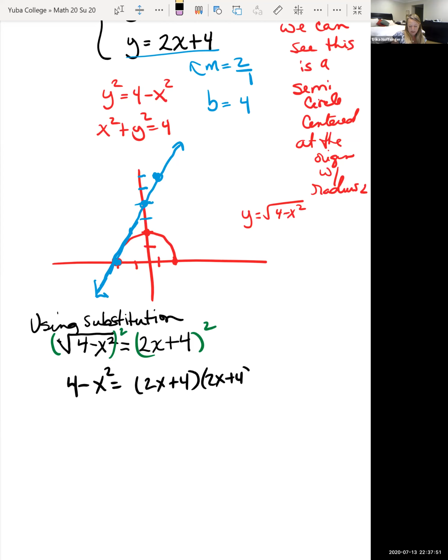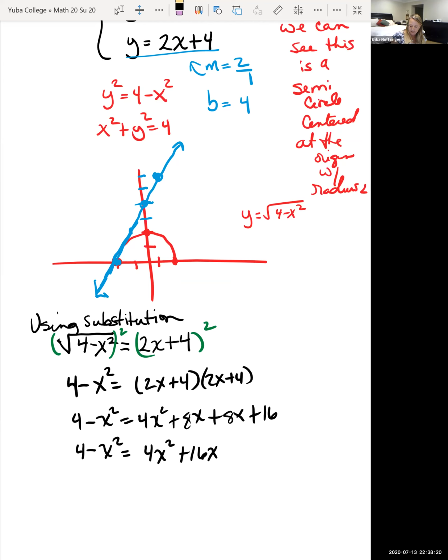So we get 4 minus x squared equals 4x squared, then 2x times 4, that's a plus 8x. 4 times 2x, that's a plus 8x. And 4 times 4, that's a plus 16. 4 minus x squared equals 4x squared plus 16x plus 16.